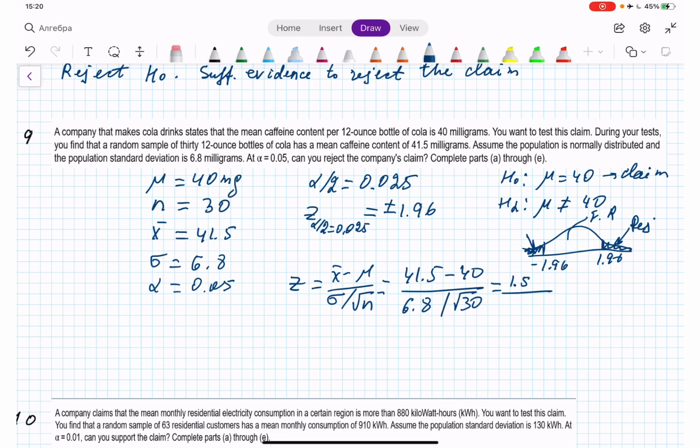The square root of 30 is 5.48. And then 6.8, we divide by 5.48, and we are getting 1.24.